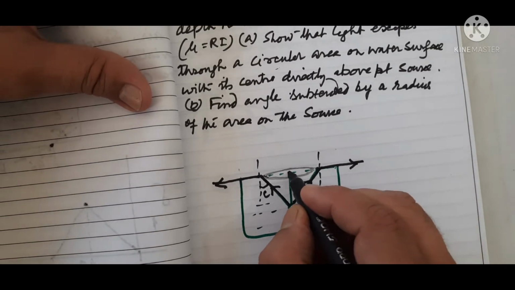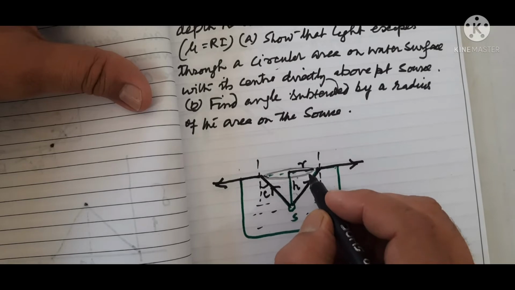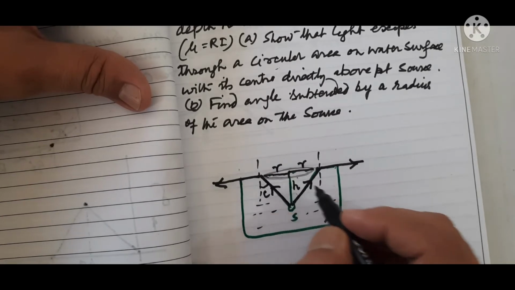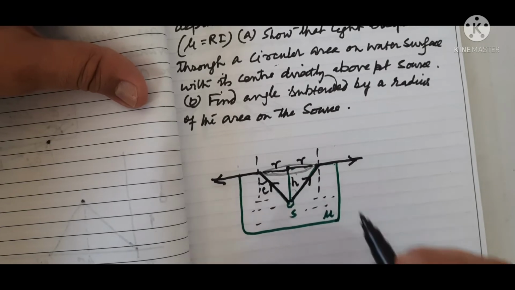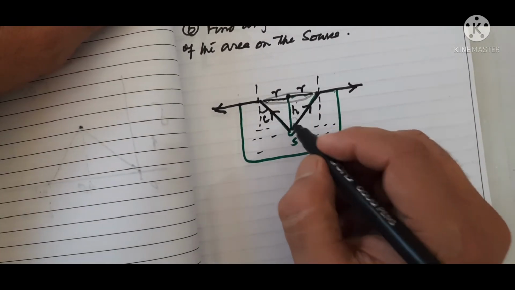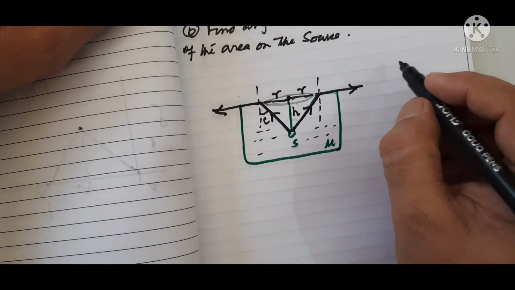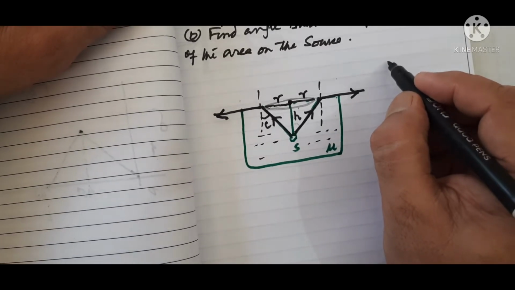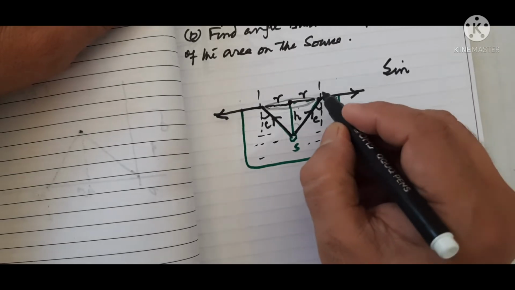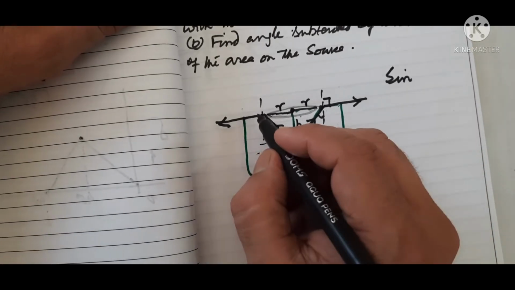So let this particular radius be r. This also r. And this is the height h, and we know one formula, sine of the critical angle. Why is it the critical angle? Because this is 90 degrees.